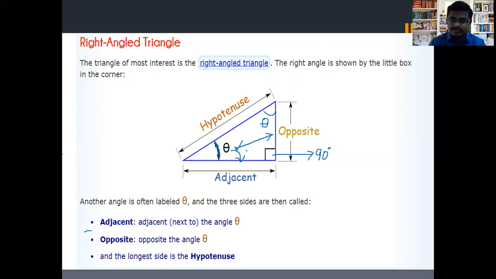The hypotenuse won't vary, because the side exactly opposite the 90 degrees is always the hypotenuse, the longest side of a right angle triangle. The opposite and adjacent sides keep varying depending on where theta, the angle, is represented. Okay, is it clear? Yes.